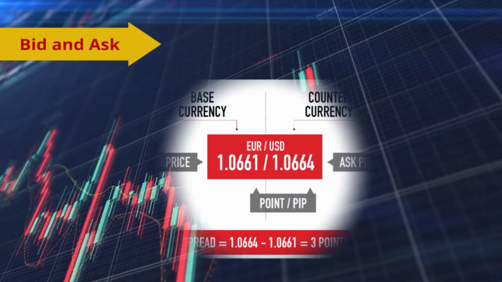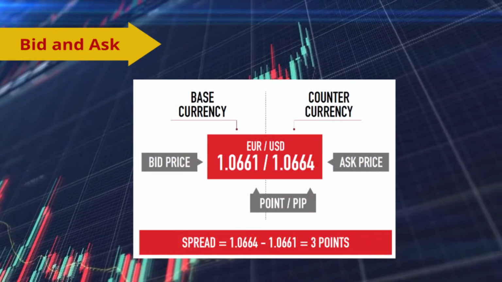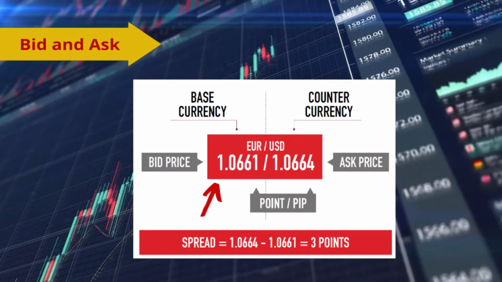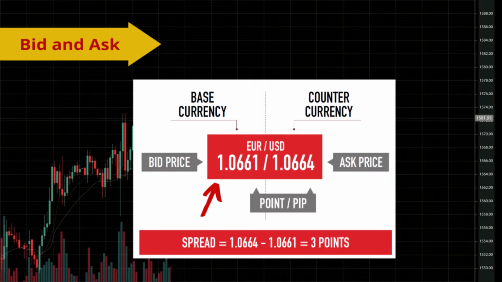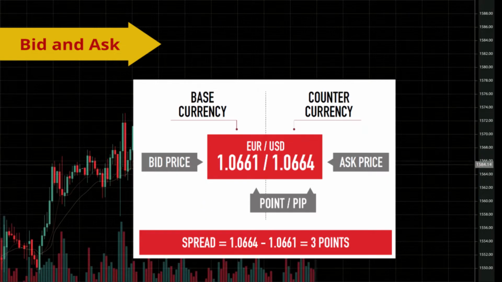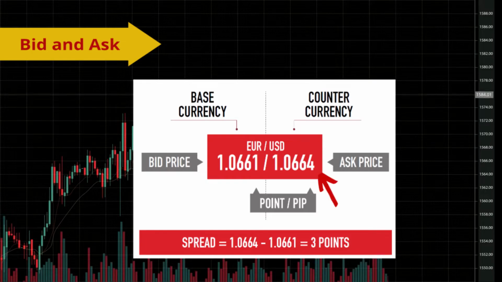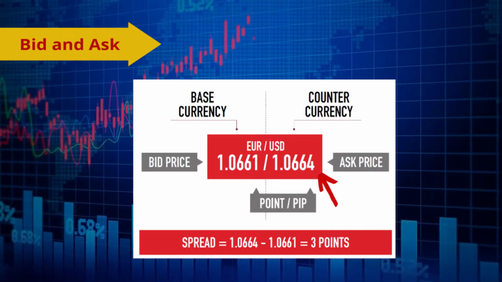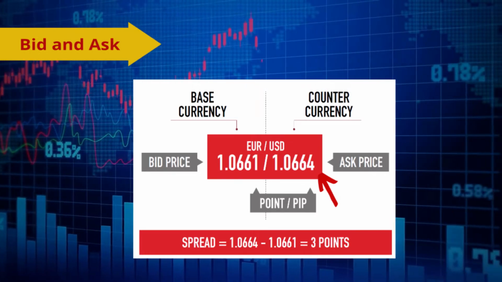Let's take a look at the Euro-USD currency pair as an example. The current bid price is 1.0661. It means that you can sell €1 for 1.0661 US dollars. The ask price is 1.0664. It means that you can buy €1 for 1.0664 United States dollars.